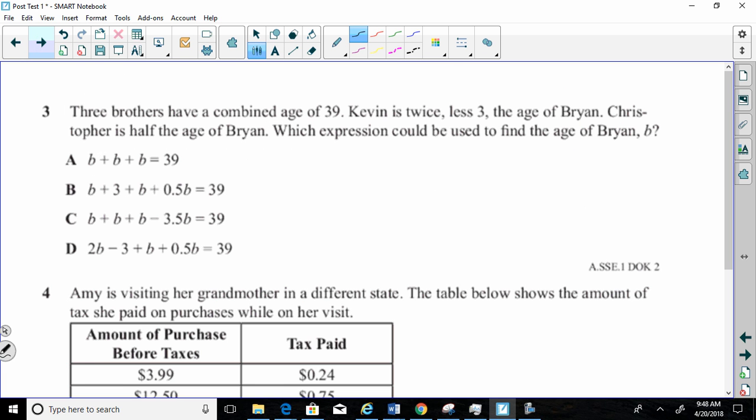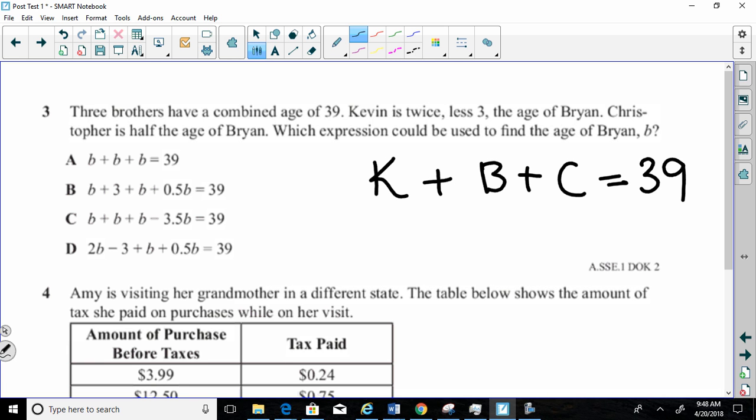Okay. So 3 brothers have a combined age of 39. These are the type of questions you're going to see on your SAT. They love these questions, I don't know why. So I have Kevin, I've got Brian, and I've got Christopher, and they all have a combined age of 39, right? What do they want all the answers in? What letter? B. So they want it all in terms of Brian.